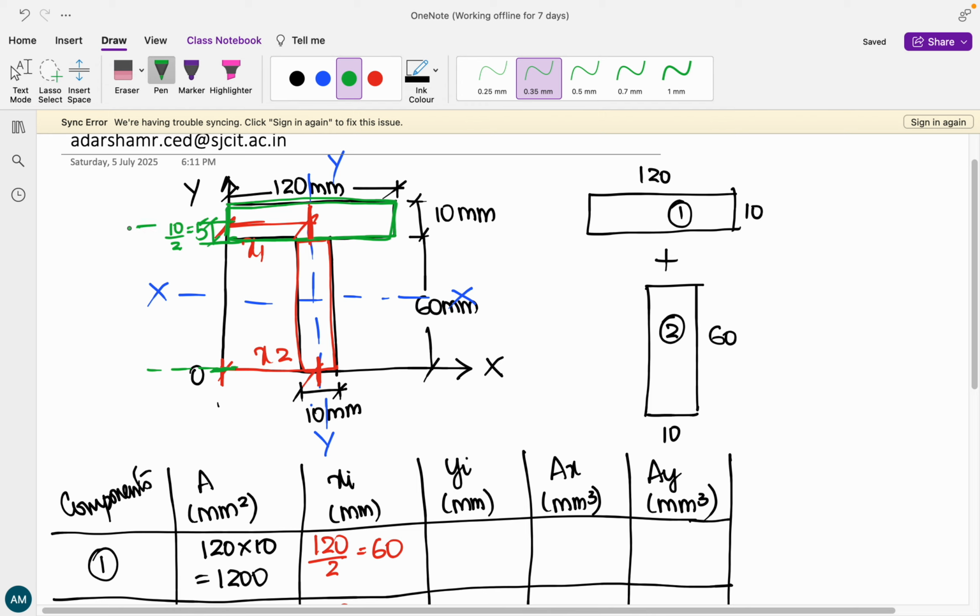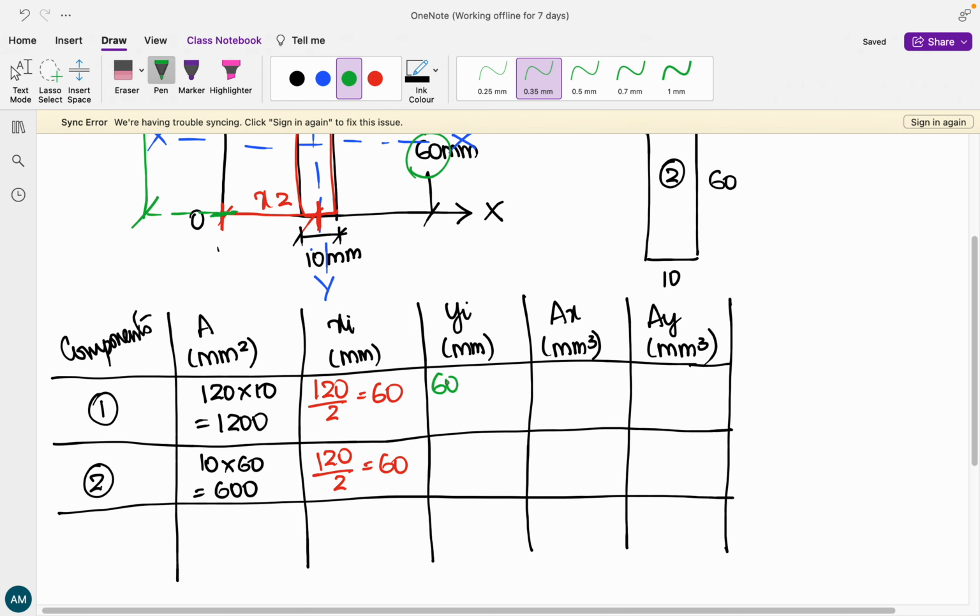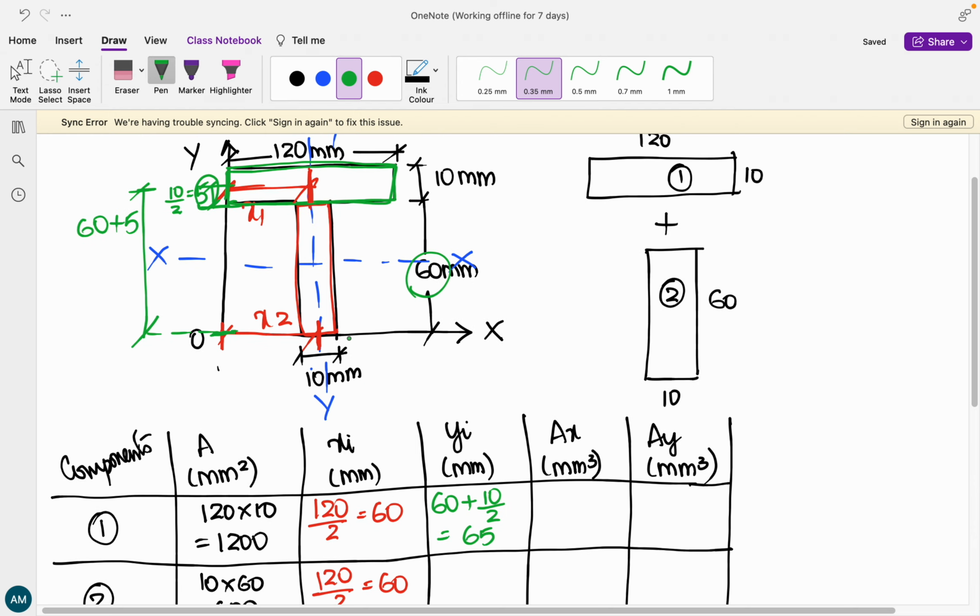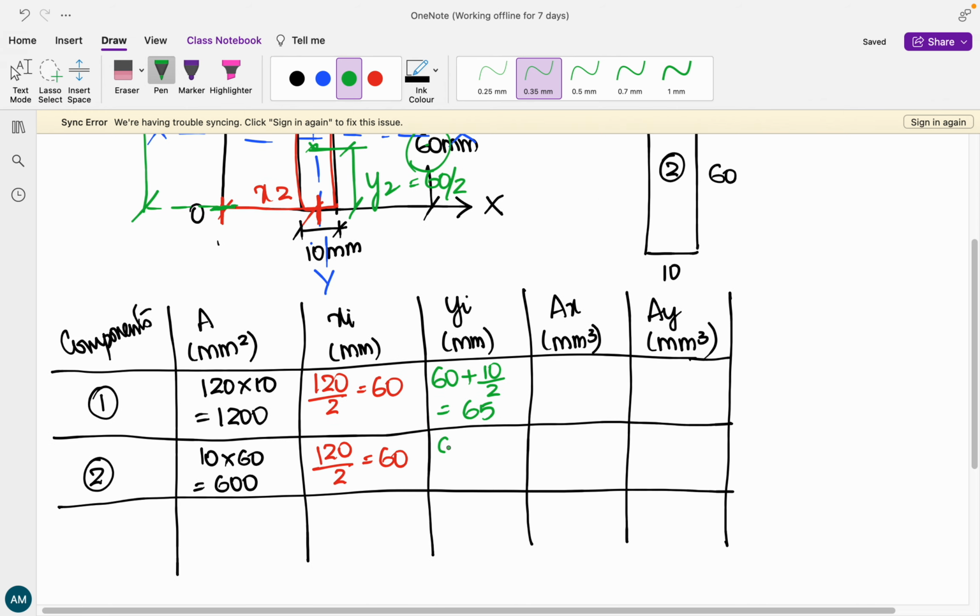So from the origin to this particular point, it is 60 plus 5. You can write 60 plus 5 directly, or 60 plus 10 by 2, both mean the same. For the second component, the centroid is somewhere over here, so this is y2, that is 60 divided by 2, d divided by 2, which is 30.